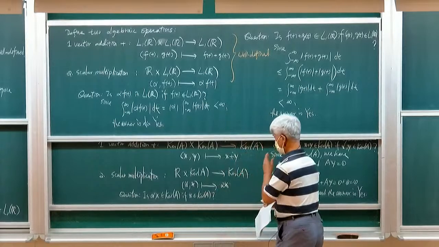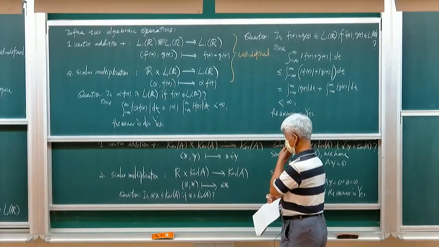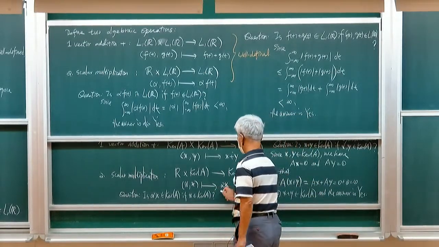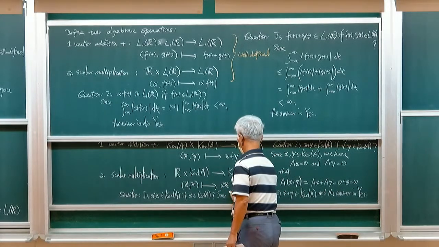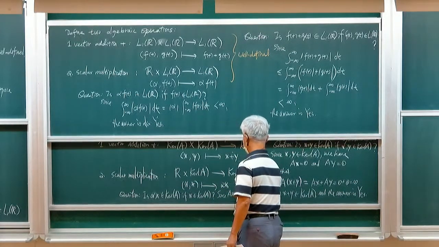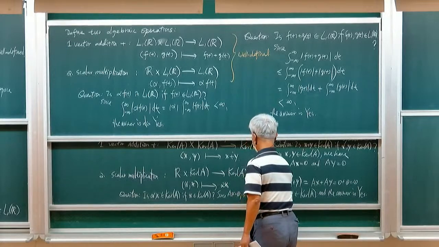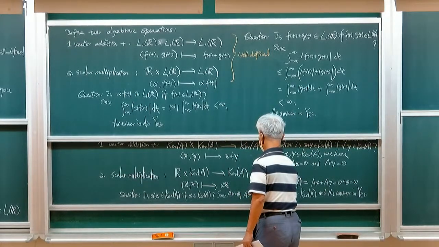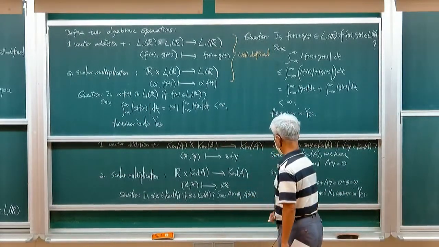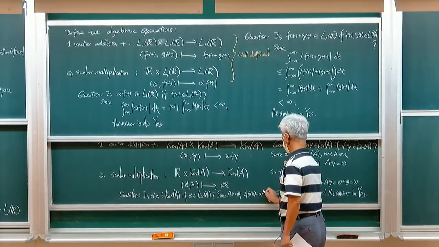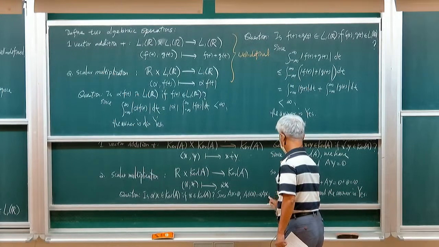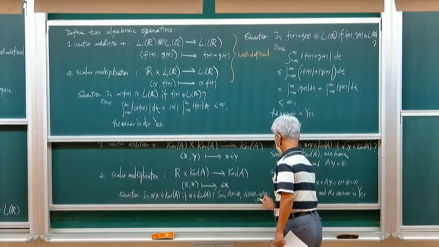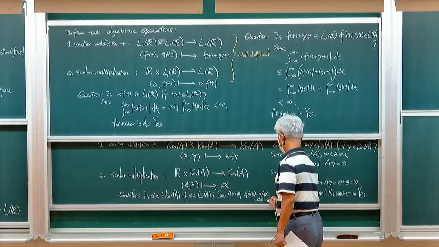Since Ax equal to 0, A multiplied with alpha x is alpha times Ax, and this is alpha times 0, so this is 0.